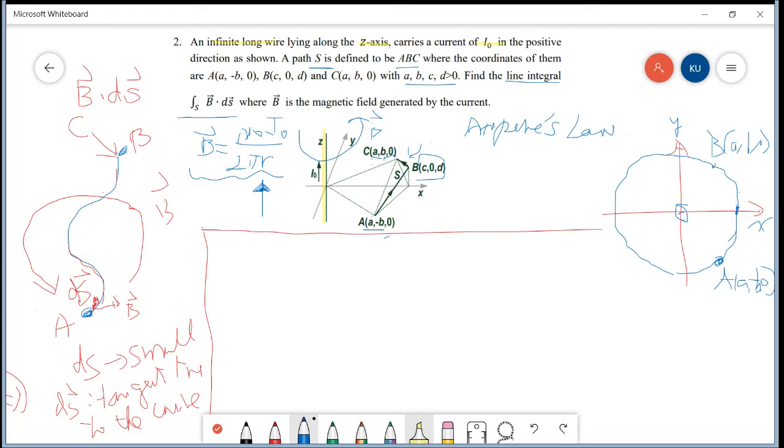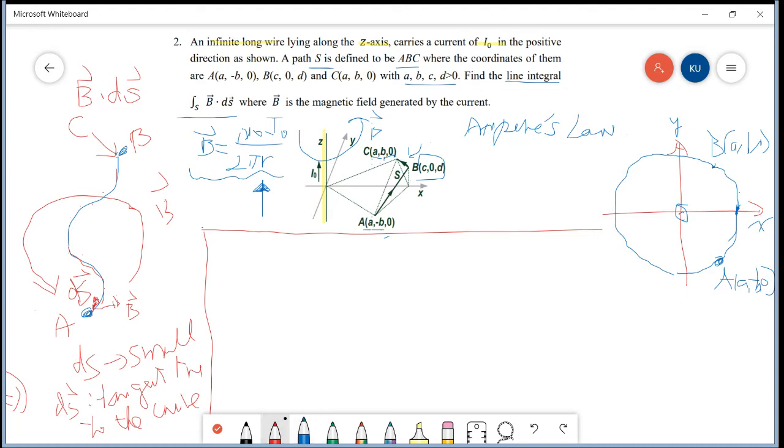Actually, it is not on this plane, but out of the page. I cannot draw it here. It should be out of the page with the height d, so it's d on top of this page.